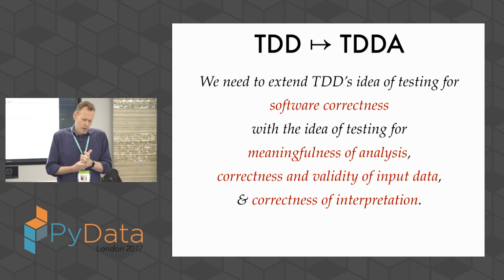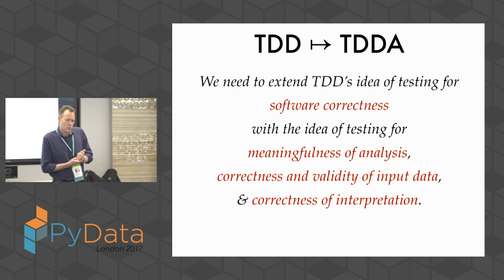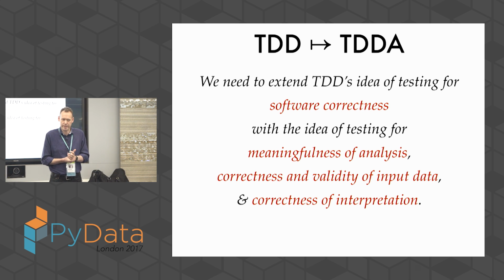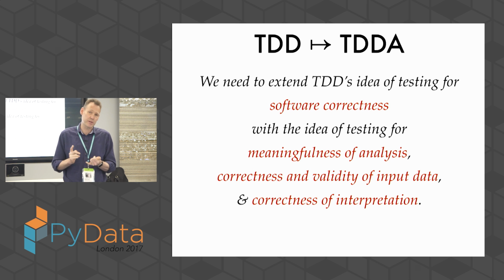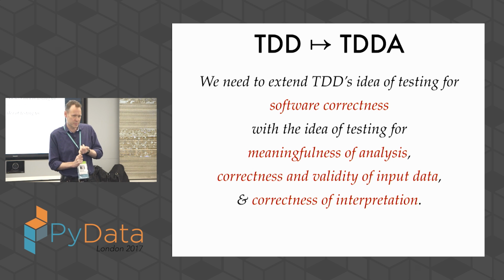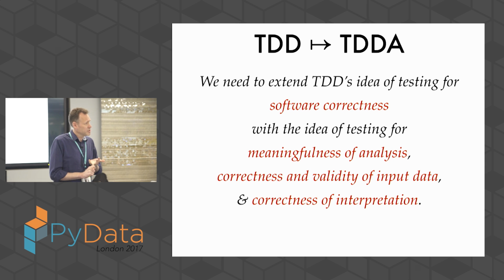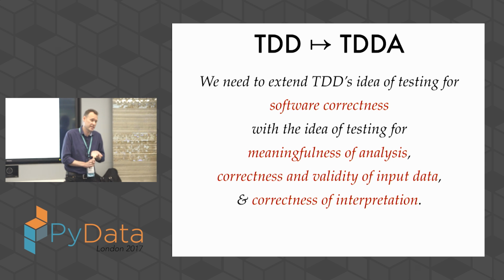And I guess the thing that makes it interesting is that whereas with software you're primarily concerned with correctness, and we're certainly interested in correctness with data analysis as well, I think with analysis it's harder, because as well as correctness we need to be worried about the meaningfulness of the analysis. Are we correctly applying meaningless algorithms or inapplicable algorithms to our data? We have to be concerned with the correctness and validity of our input data.